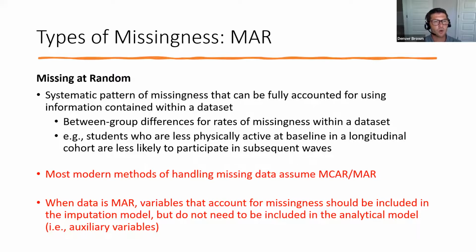These do not only need to be the covariates that are going to be included in, let's say, your logistic regression model. These can also be auxiliary variables that are related to your independent and dependent variables, but ones that you're not going to include in your regression model. These can help strengthen the accuracy of your multiply imputed data sets because you're using more information available within your data set to make better estimations of what each data point should or could be.